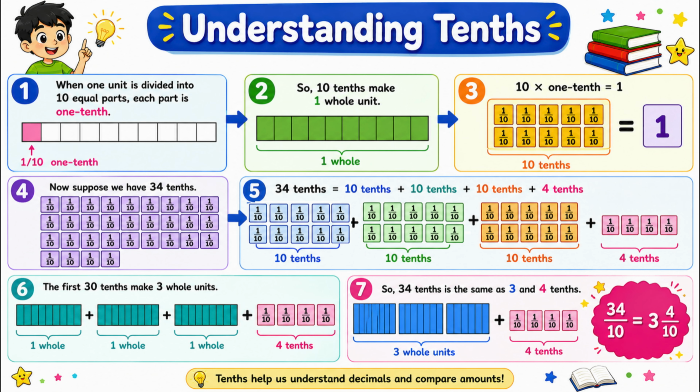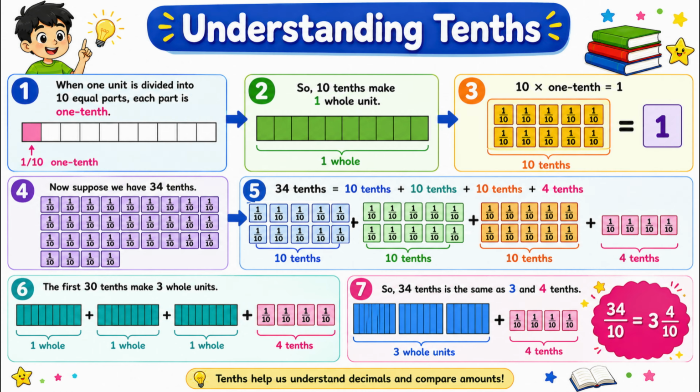Understanding tenths. When one unit is divided into 10 equal parts, each part is 1/10. So 10 tenths make 1 whole unit. That means 10 times 1/10 equals 1. Now suppose we have 34 tenths.